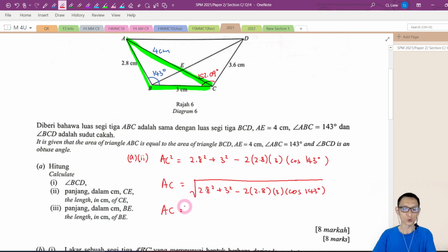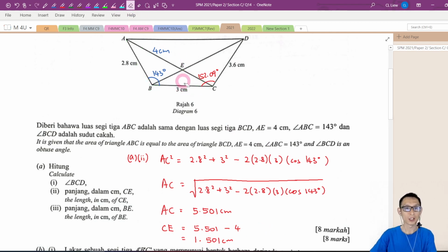I just round off the answer to 4 significant figures. It will be 5.501 centimeter. So can you get CE? No problem, right? CE is equal to 5.501 minus 4, which is equal to 1.501 centimeter.